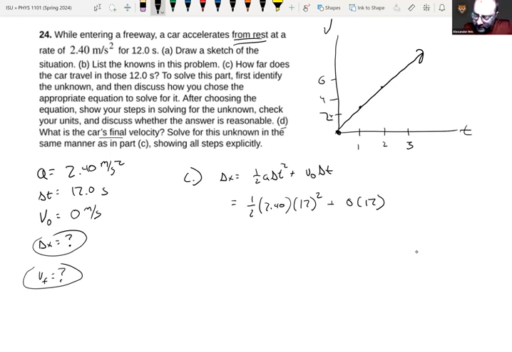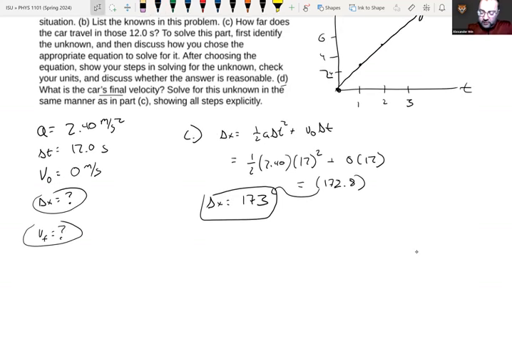And that's going to give me delta x will be 172.8. Now it's important, I only get 3 sig figs. So 172.8, you round that to 3 sig figs. Okay, so important to keep that in mind.